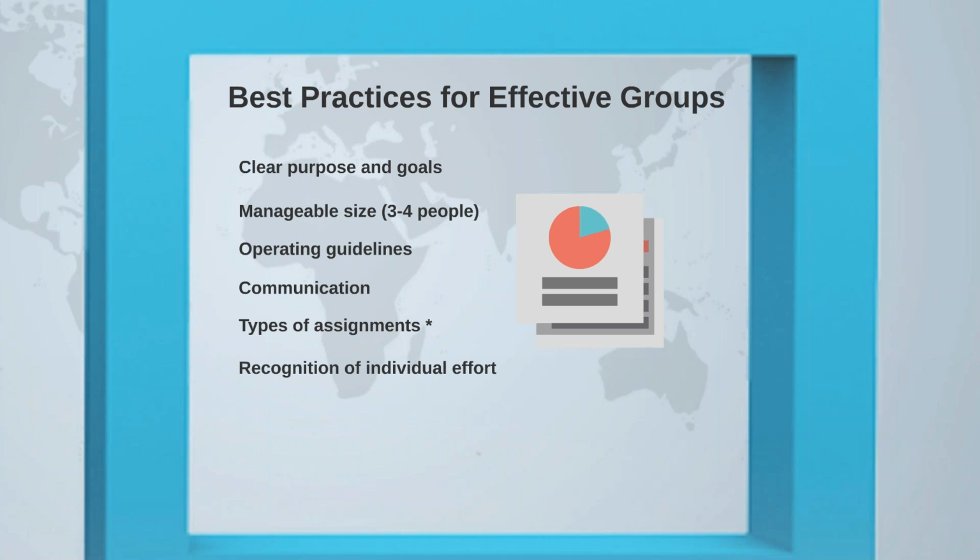One assignment that I do for a class is I have students do annotated bibliographies, and they submit it as one paper. Essentially, every deliverable is one paper that they submit, but they rotate responsibilities. One student will be responsible for locating an article, for example, and then they alternate their responsibilities.